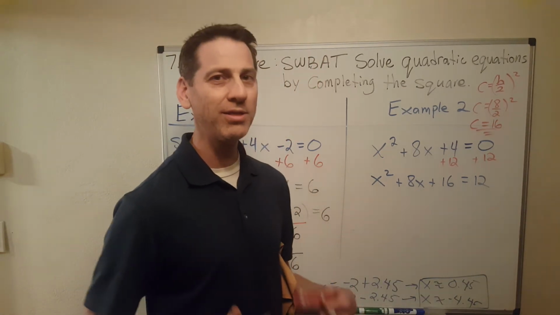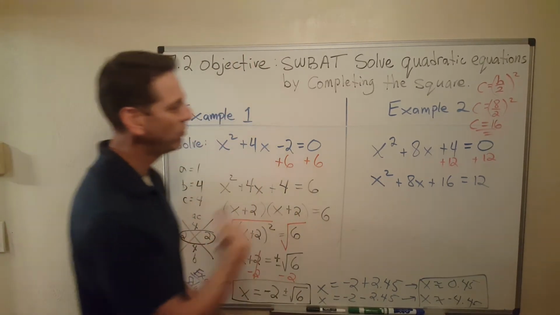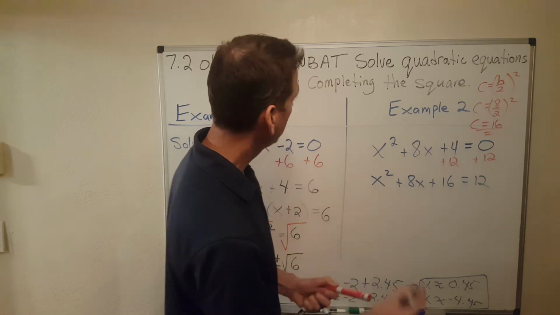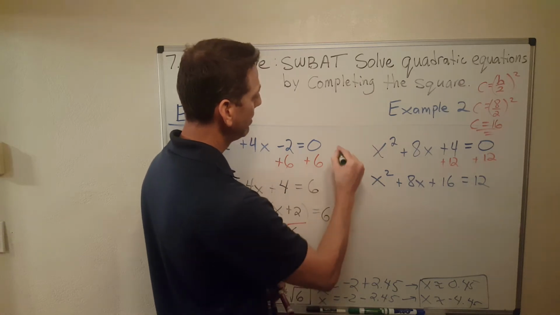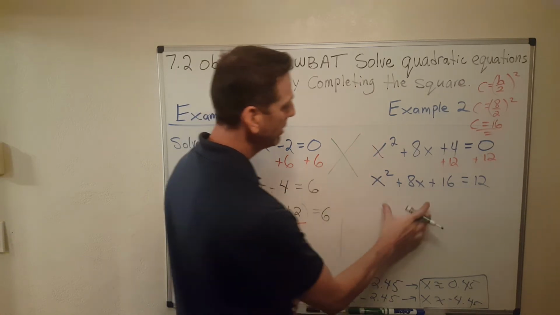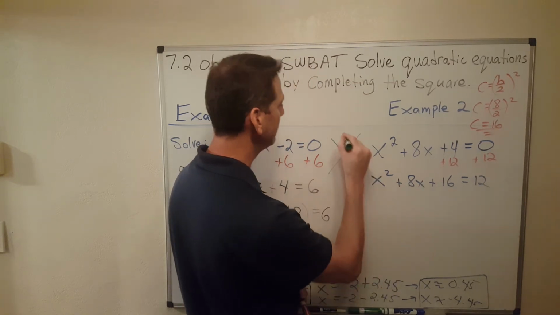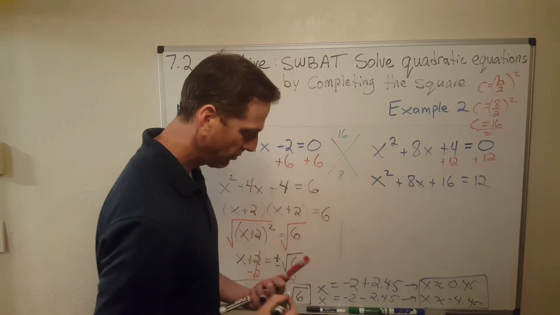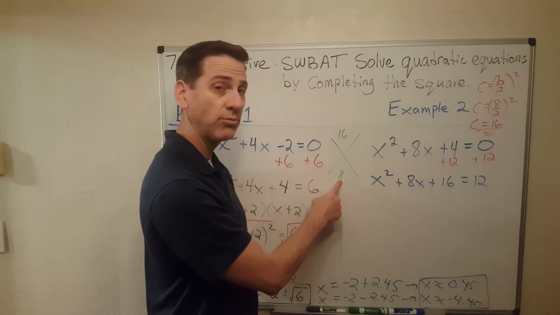And when you start getting good at these, you'll be able to do them in your head without even making these little x's. But we'll just continue to make an x here. Okay, so we don't have any room for an x, but let's do it right here. Okay, so A is 1, C is 16, so 1 times 16 is 16, and B is 8. So I need to think of two numbers that multiply to give me 16 and add to give me 8.